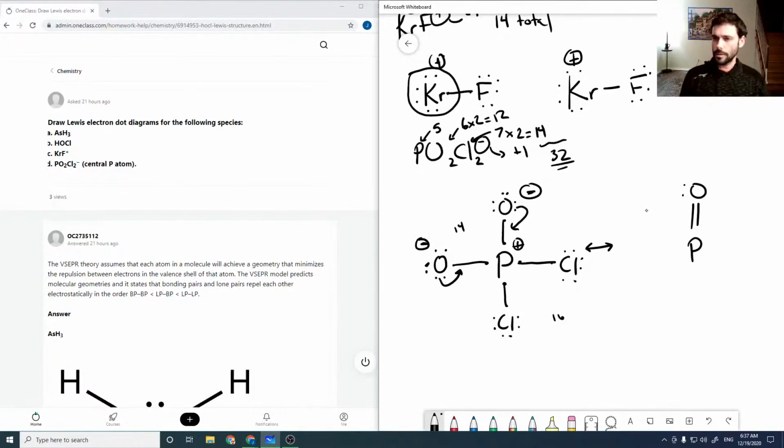And so this structure might actually be more plausible, even though the octet rule is not satisfied, because now we only have a single negative charge on the oxygen, and therefore the charge isn't split across the molecule in such a great amount.